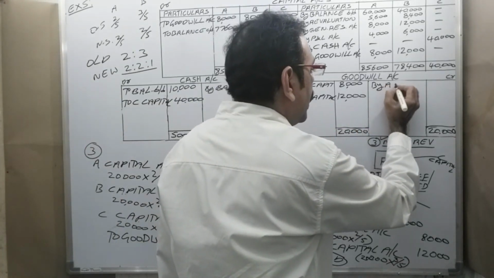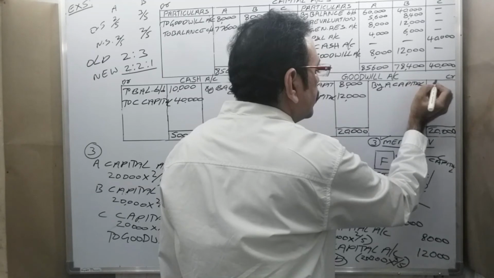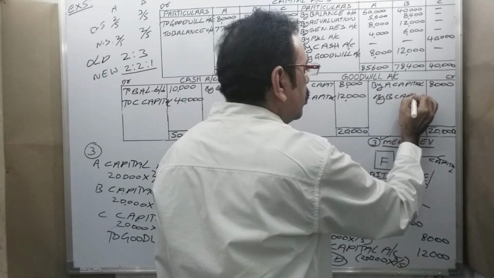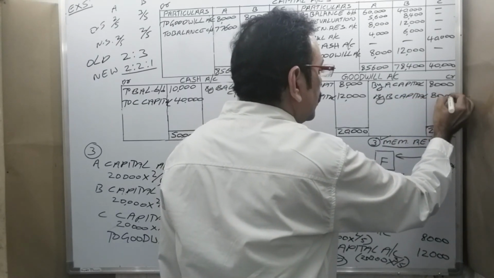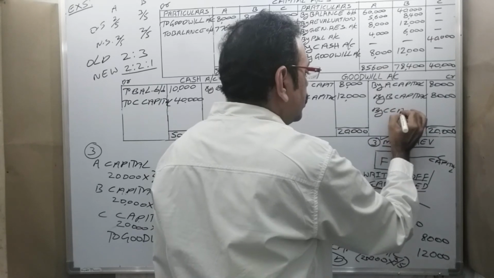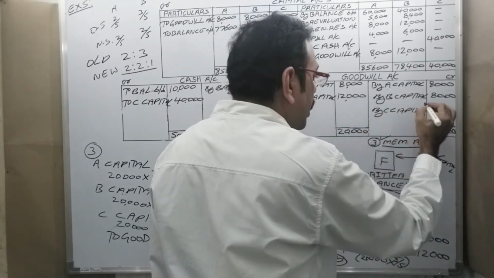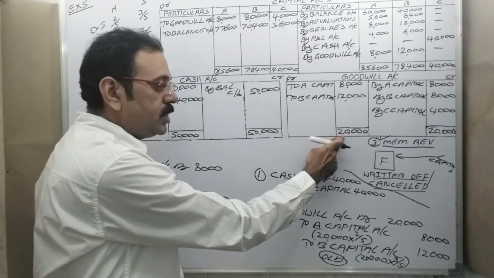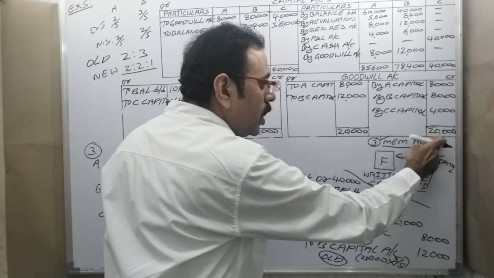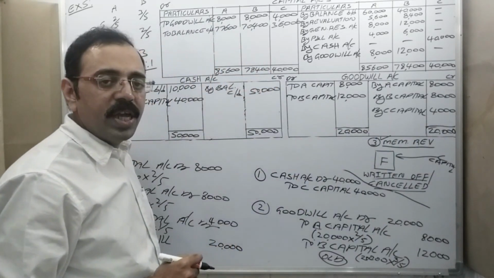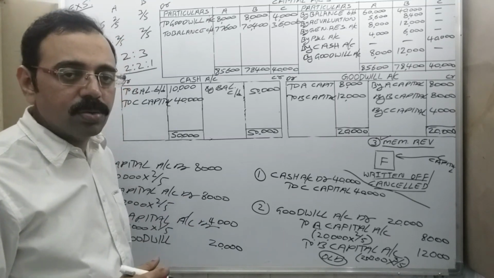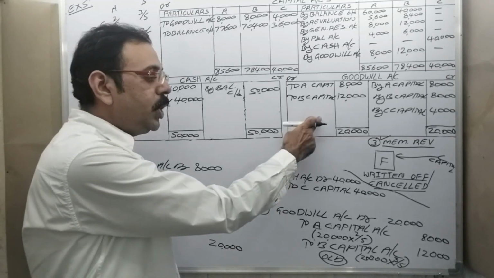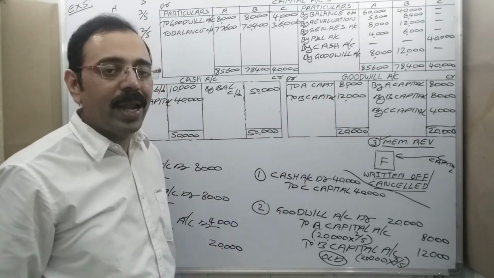By A capital account 8,000, B capital account 8,000, by C capital account 4,000. Once you observe, debit side total, credit side total, both are same. There is no balance carried down in goodwill account. Means goodwill account is closed. Therefore, in new balance sheet, we should not show any amount as goodwill.